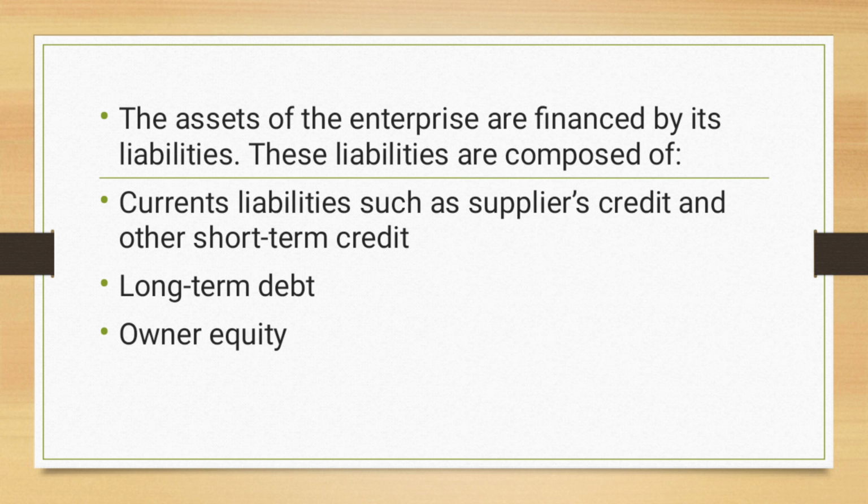Then we have the current liabilities such as supplier's credit and other short-term credit. Supplier credits means kasi some suppliers allow the buyer to receive the products and pay later. But of course, it is in accordance with the terms and conditions agreed upon with the seller.